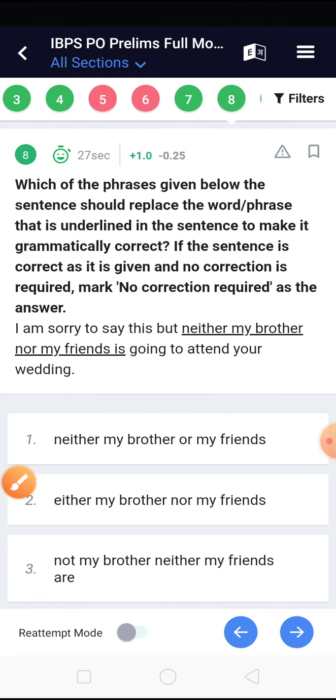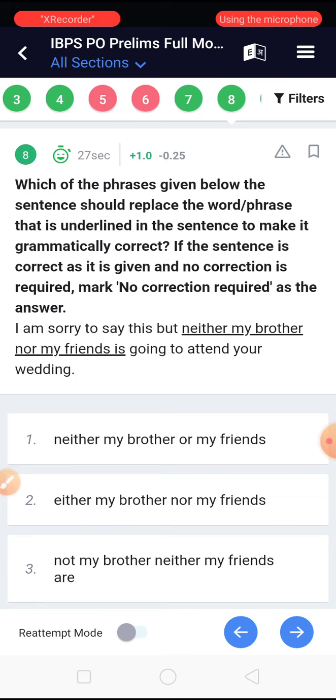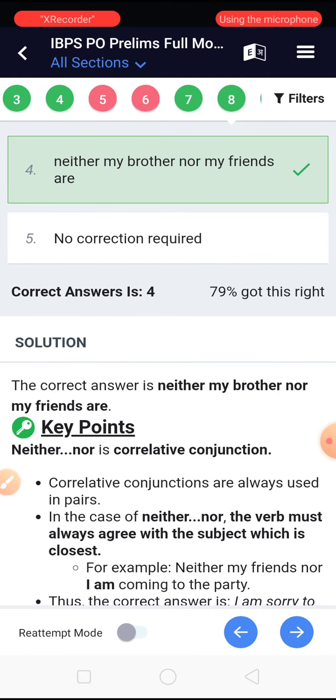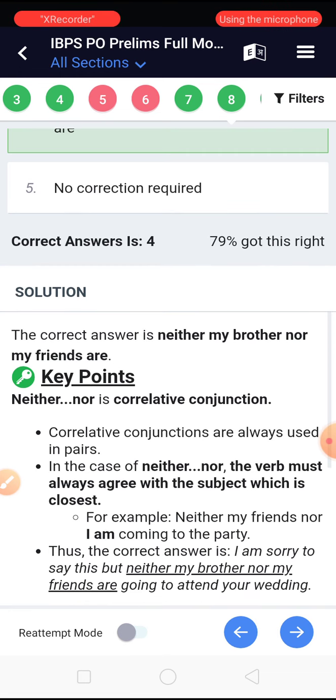I am sorry to say this, but neither my brother nor my friend is going to attend your wedding. Neither my brother nor my friend are? The correct answer is "neither my brother nor my friend is". This is a correlative conjunction; always use the pair "neither nor".